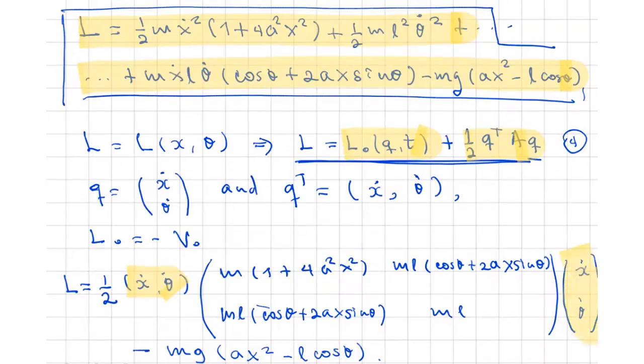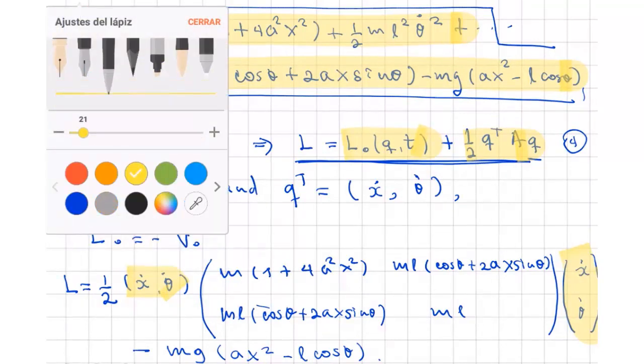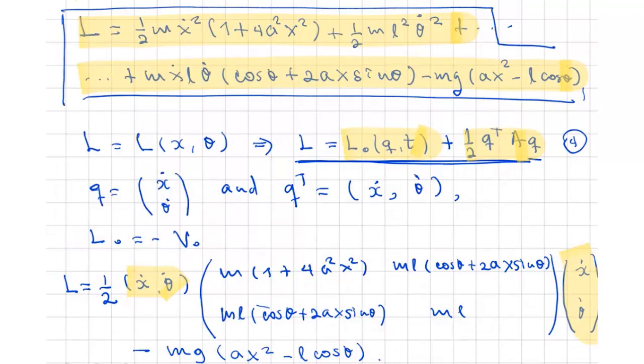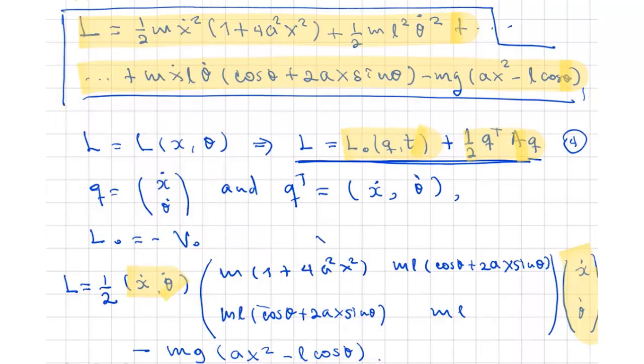But if we do this multiplication of this matrix with this vector and this one, we are gonna come back to this Lagrangian in this form.